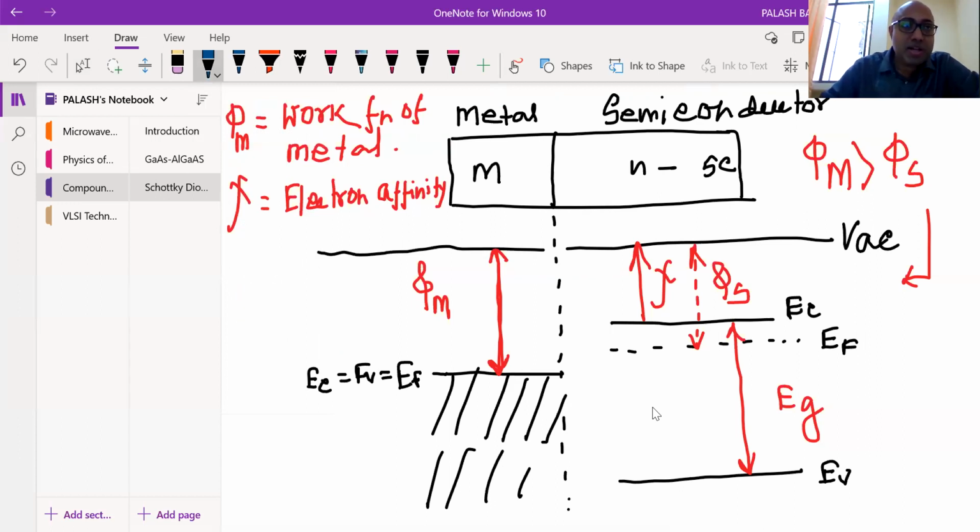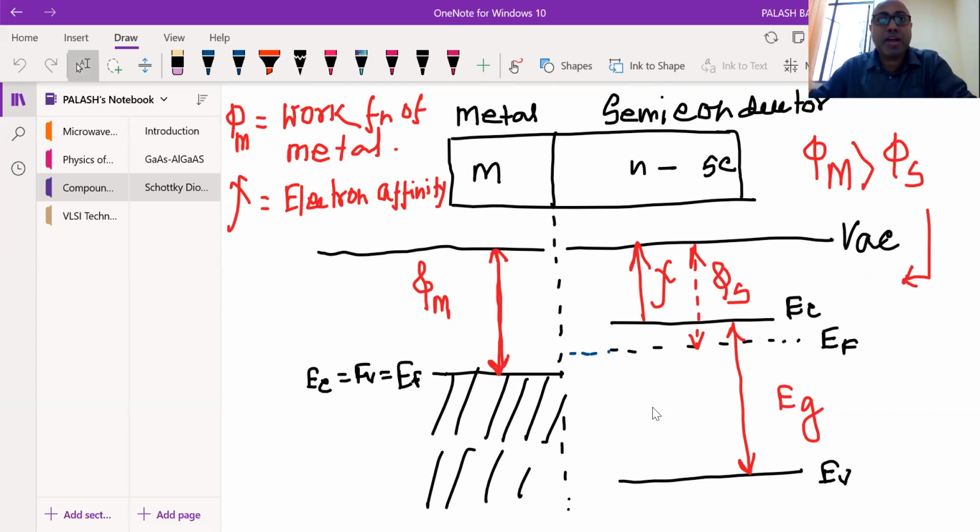The moment you join these things and form a junction, the electron Fermi level of the semiconductor is at a higher energy state, at a higher position than the Fermi level of the metal.